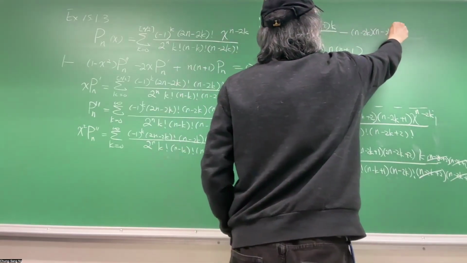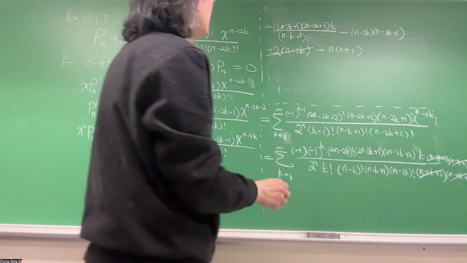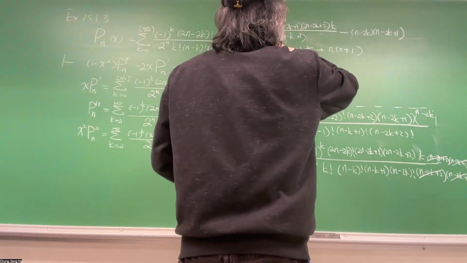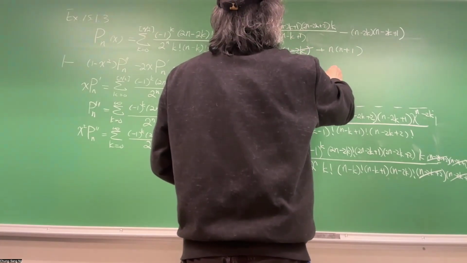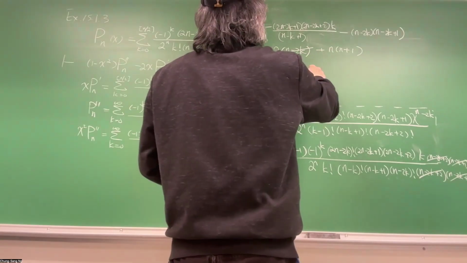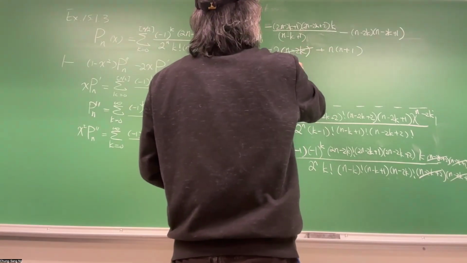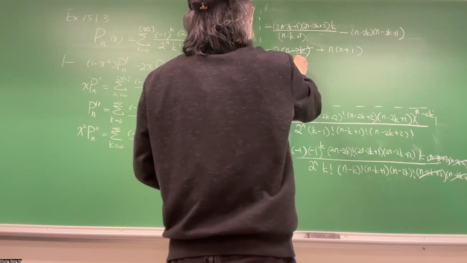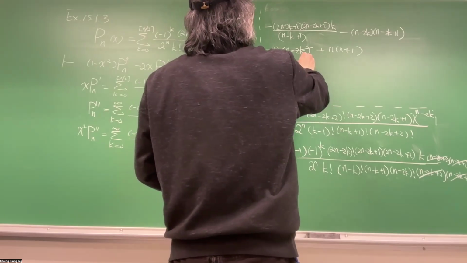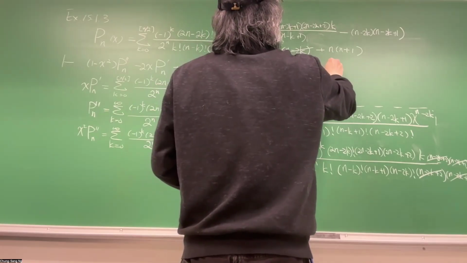This becomes plus 1. You can put the common denominator out, so 1 over n minus k plus 1. You have minus 2n minus 2k plus 1.